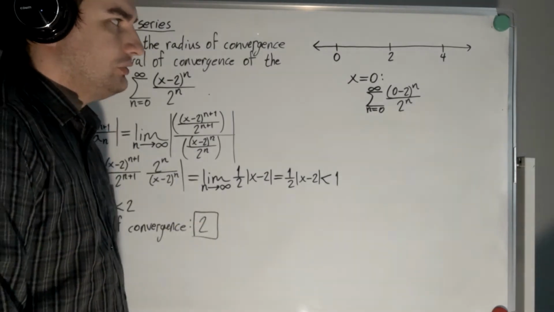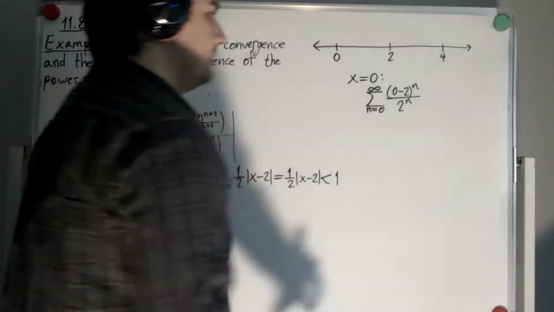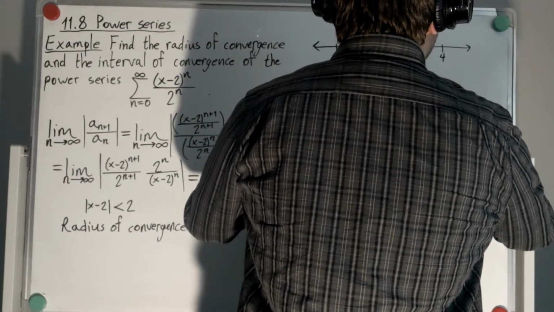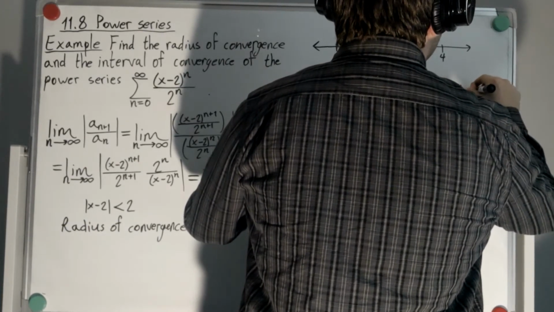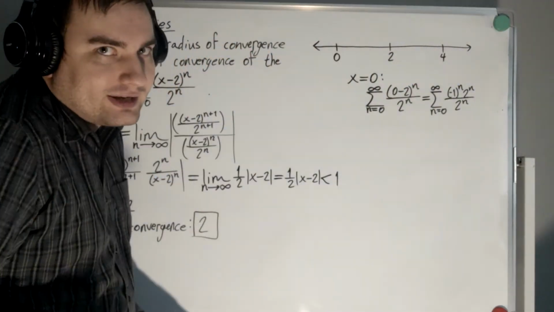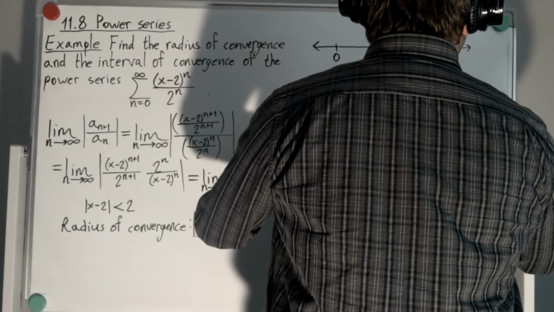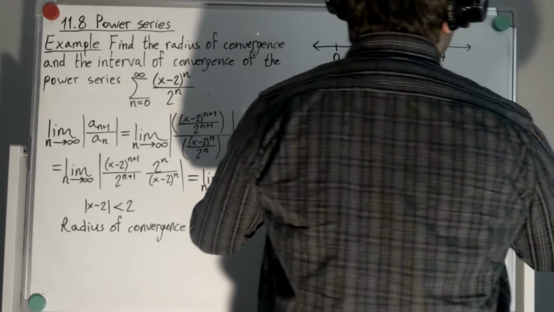Okay, (0 minus 2) to the nth power, well, it's negative 2 to the nth power, which we can also write as negative 1 to the nth times 2 to the nth, and then the 2 to the nths cancel. So then this becomes the sum from n equals 0 to infinity of negative 1 to the nth power.